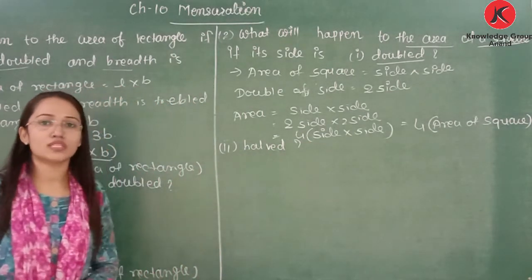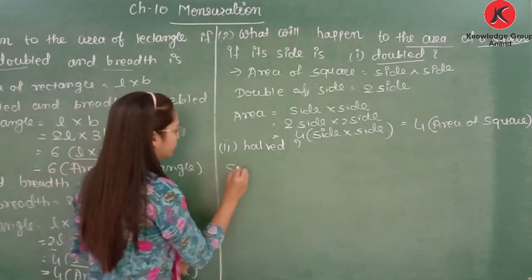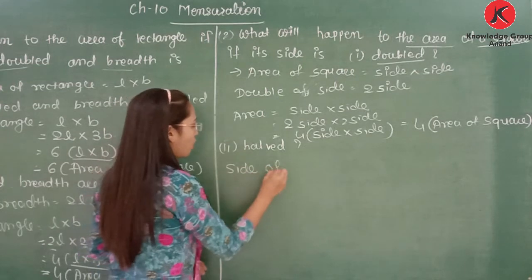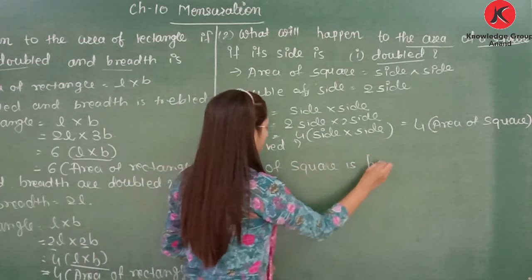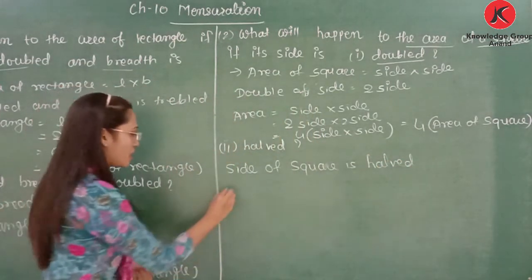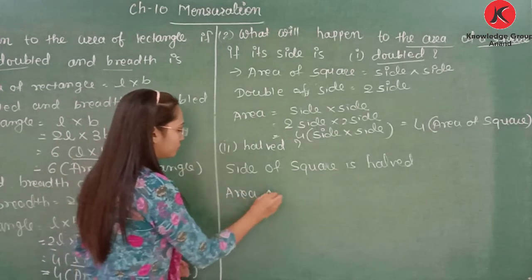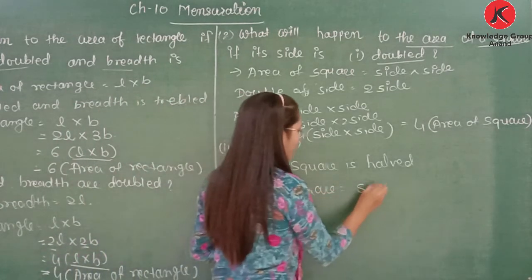Now next, half. If we take the side as half of the given side, the side of a square is half. Then what will the area of the square be? The equation is side multiplied by side.